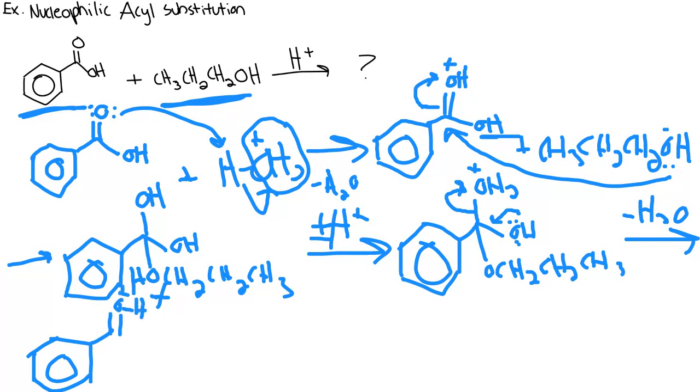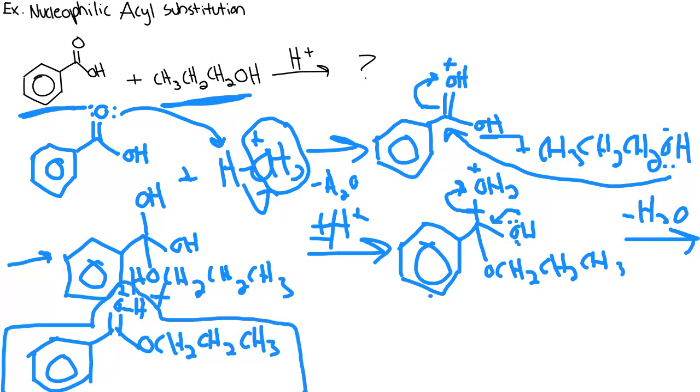It's getting a little messy, I'm sorry. Okay, so to recap, this water came off here, and these lone pairs of electrons from this oxygen came down to form a carbon-oxygen double bond here. And then this group is still connected to that carbon.